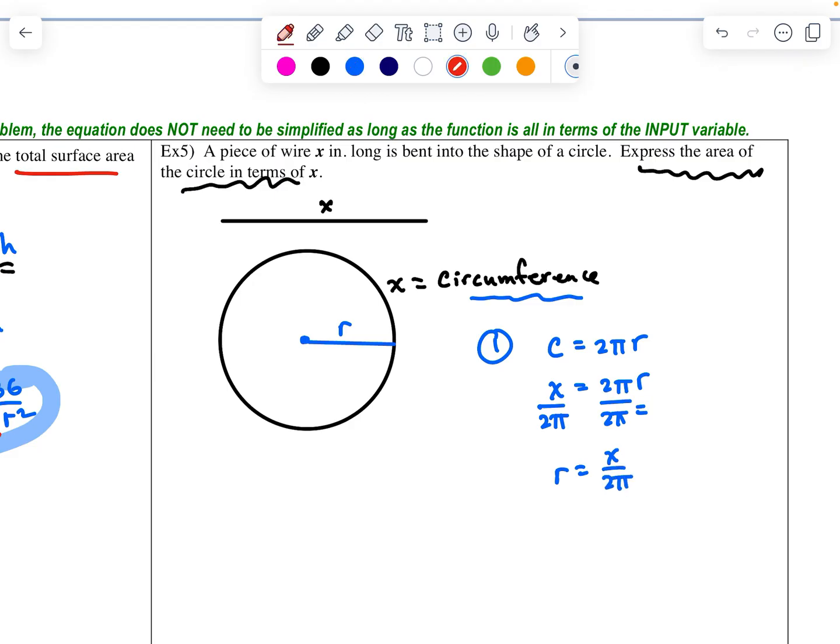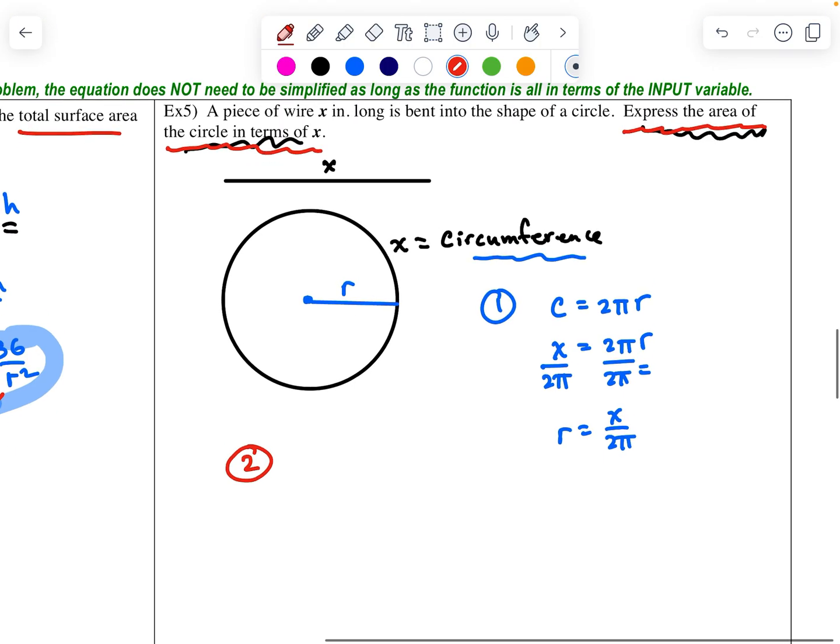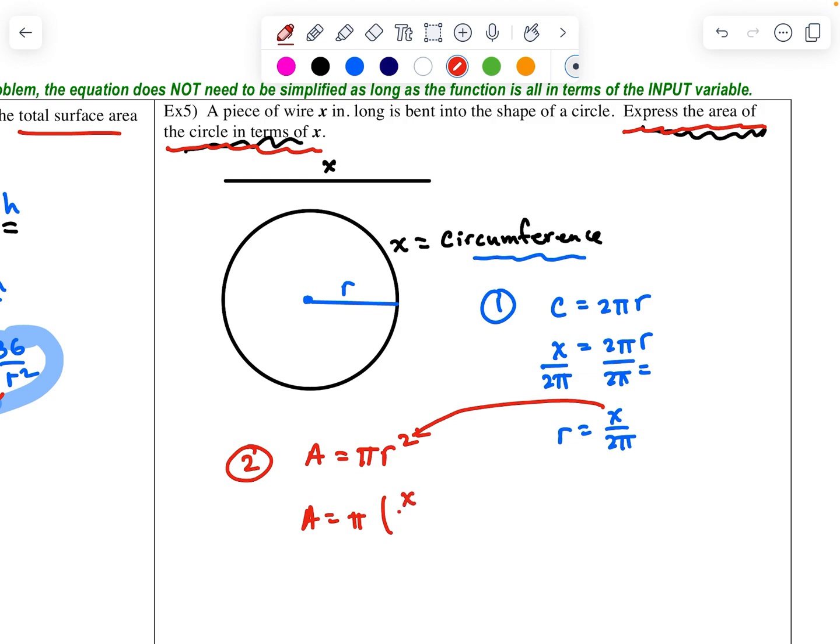My second equation is going to come from the fact that it says express the area of the circle in terms of x. Well, I need to know the area is equal to pi r squared. And since I now have r as x over 2 pi, I've got pi times x over 2 pi quantity squared.